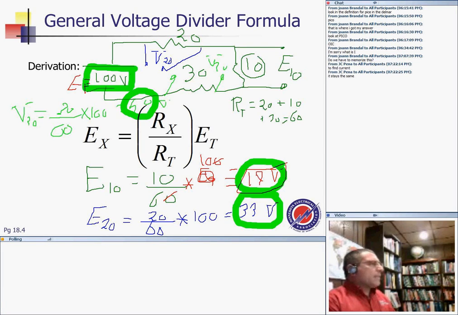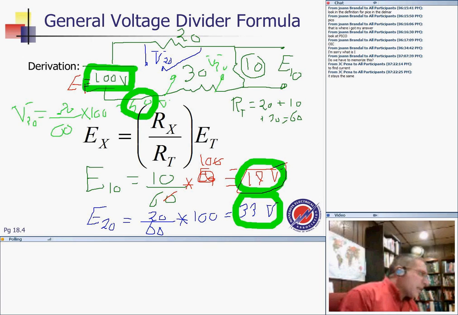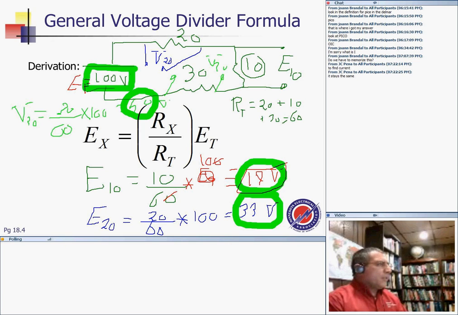Can you see that the highest resistor, the 30, got the most voltage, and the smallest resistor, the 10, got the smallest voltage? This is very, very important. The smallest resistor gets the smallest amount of voltage when in series with others, and the largest resistor gets the largest amount of voltage.